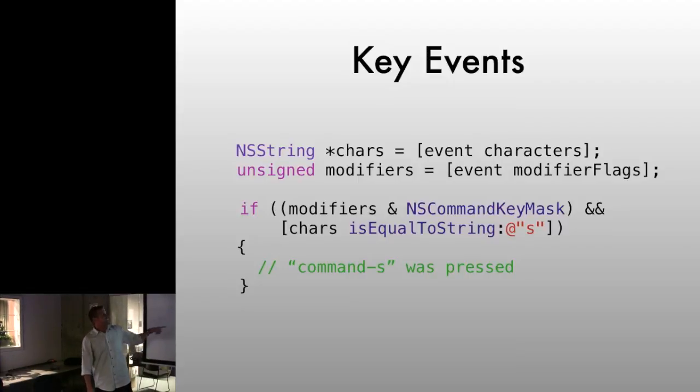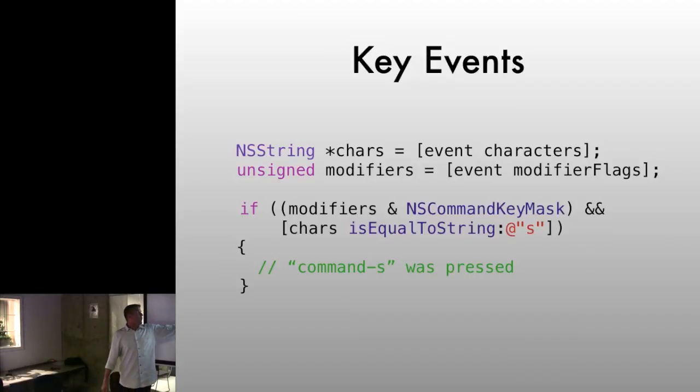I think I got them all. You can check the key mask, the NS key mask or the UI key mask, to see what modifier keys you can intercept or test for to see if they're down or not.